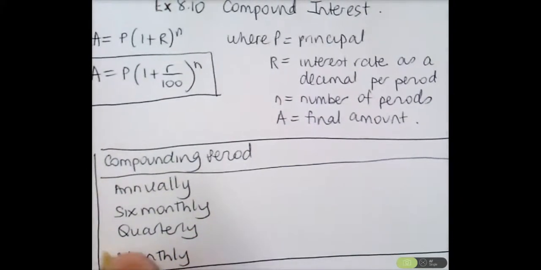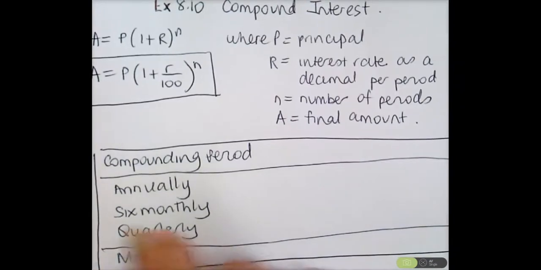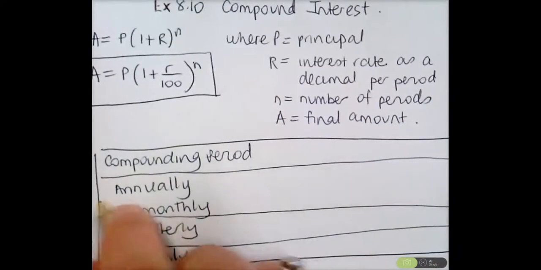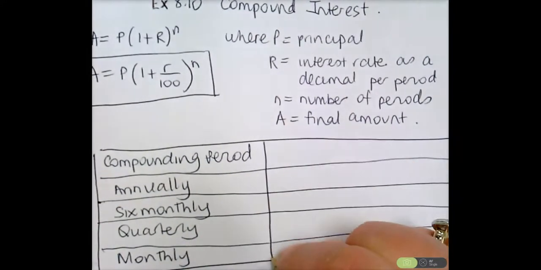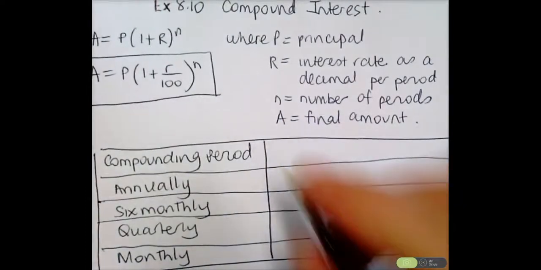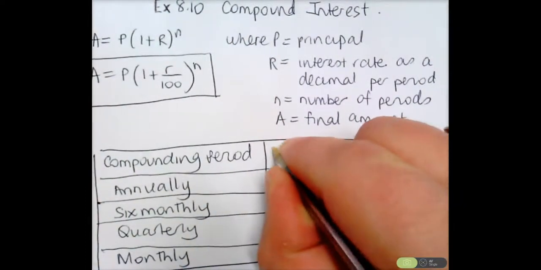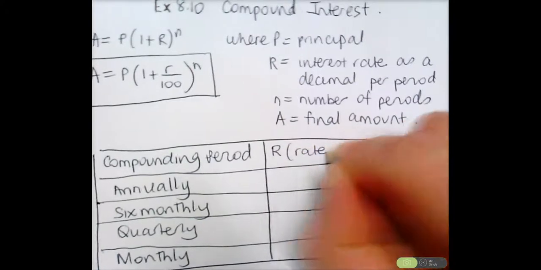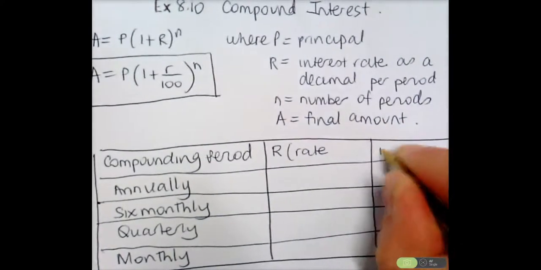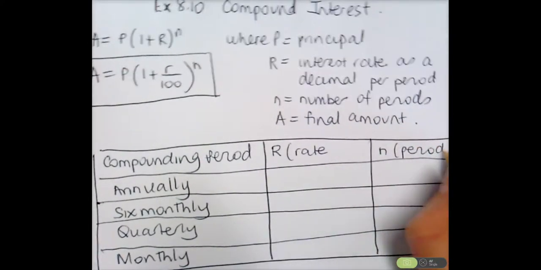Now, depending on which one you get in your question, you need to change your interest rate. I'll just put R for your interest rate and N for the number of periods.